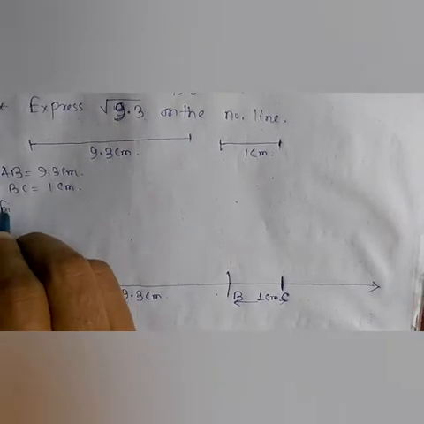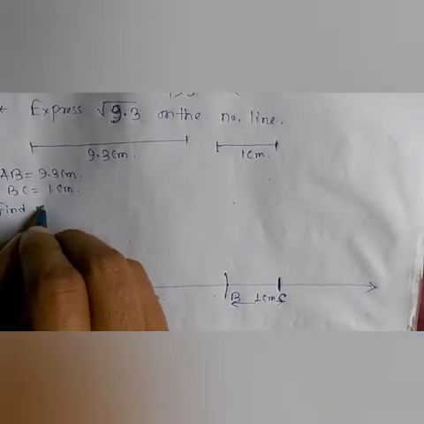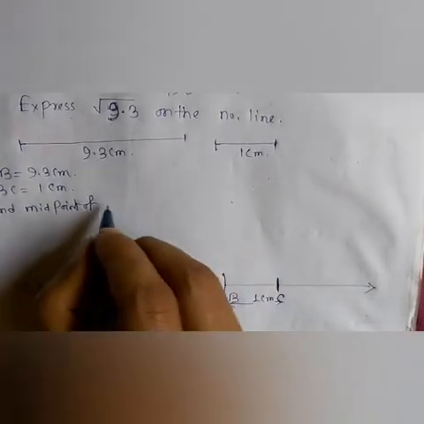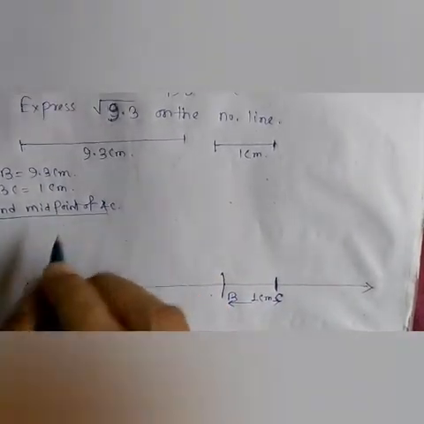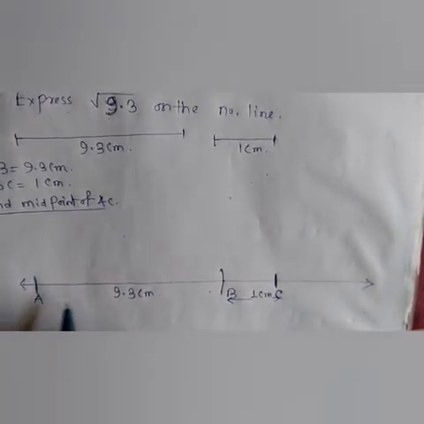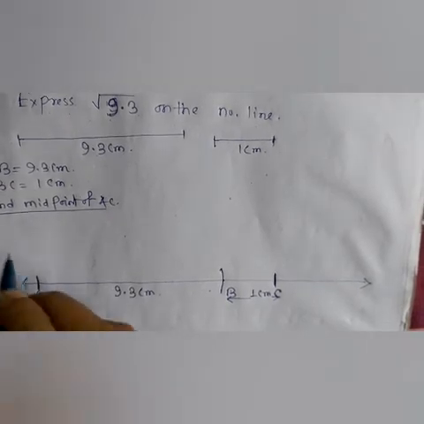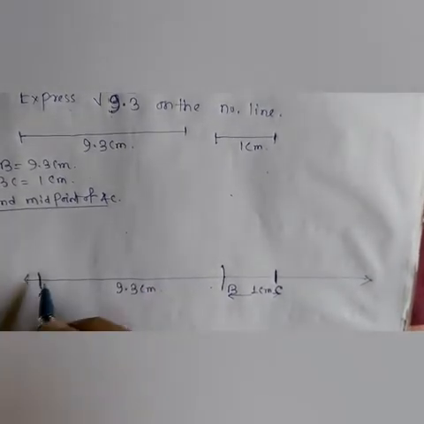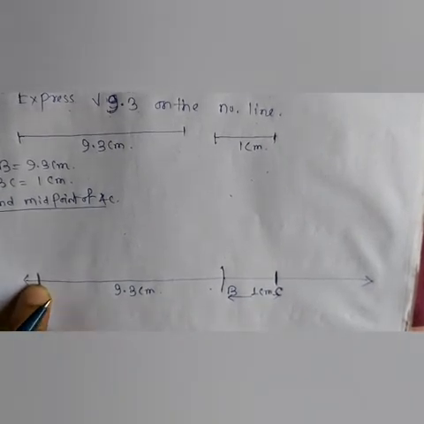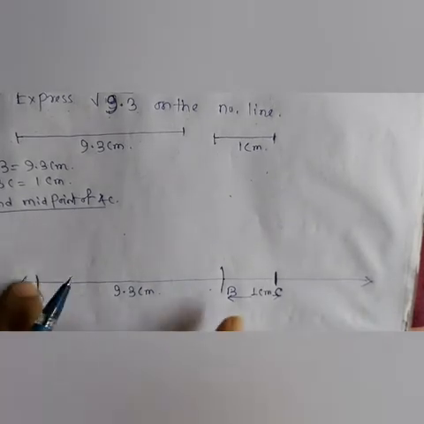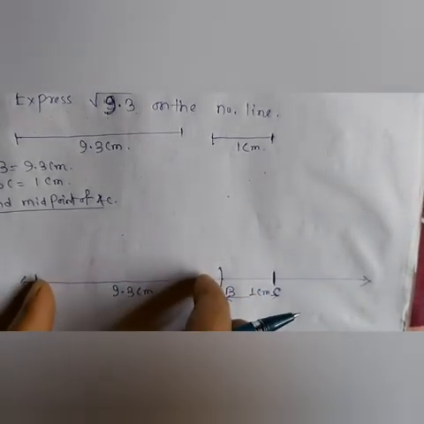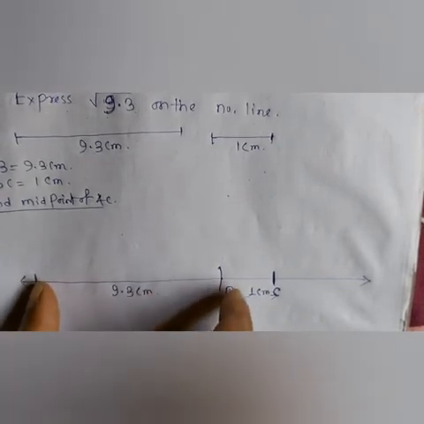Find the midpoint of AC by using the compass. You have to extend the compass more than half of AC.